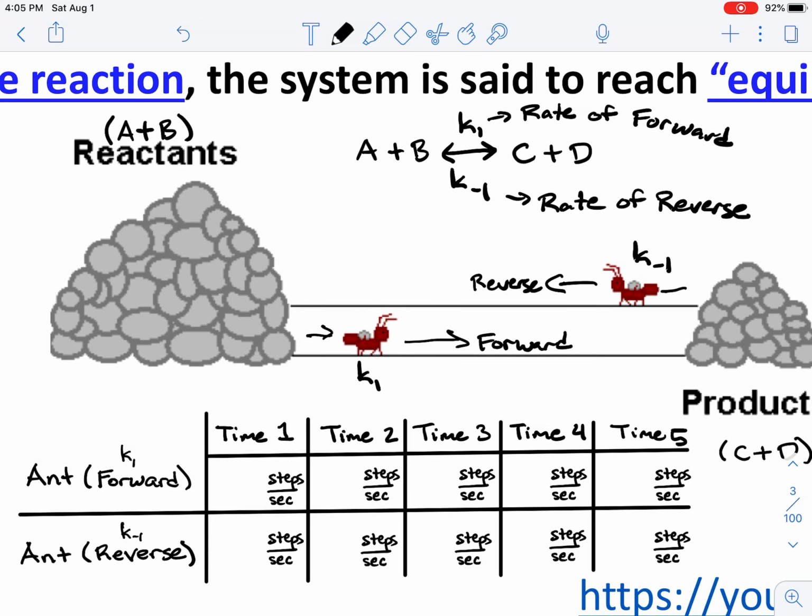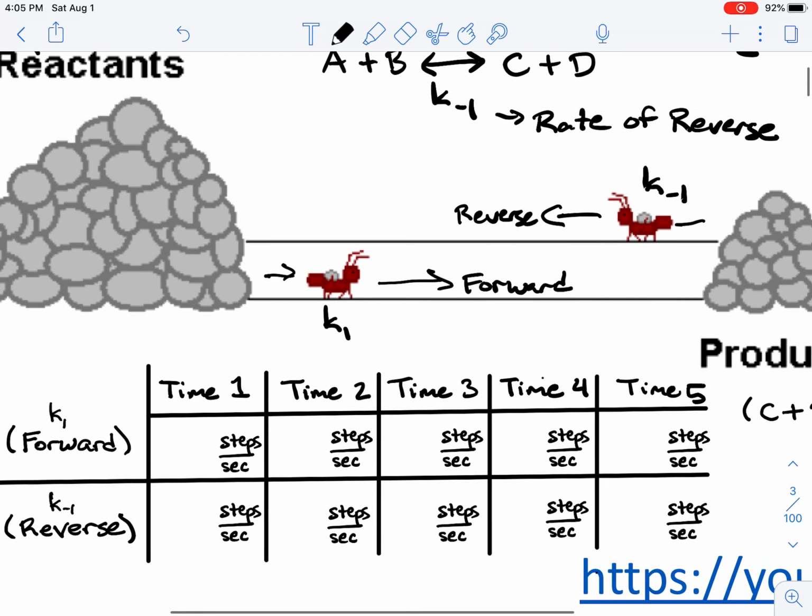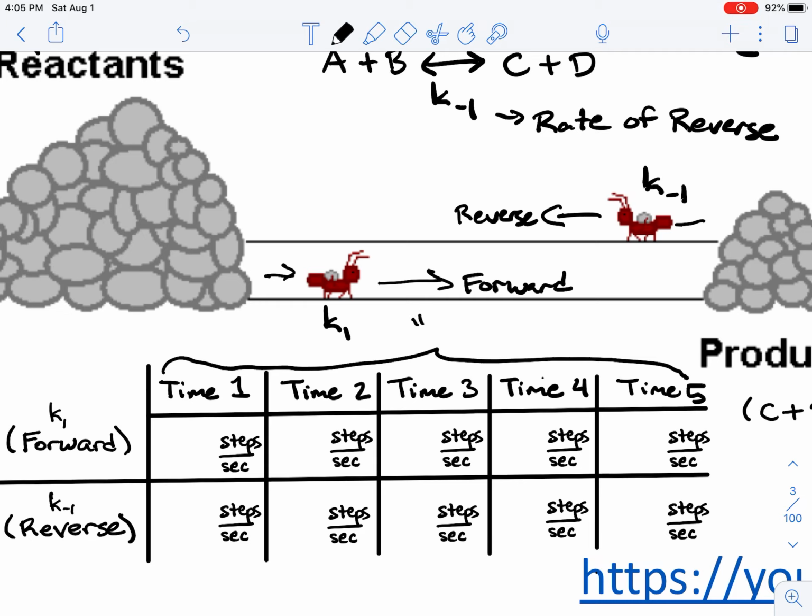Okay, so let me go ahead and write that down. So we can think about these different times as instantaneous rates. And so they're measurements of how fast these ants are moving at specific time periods.